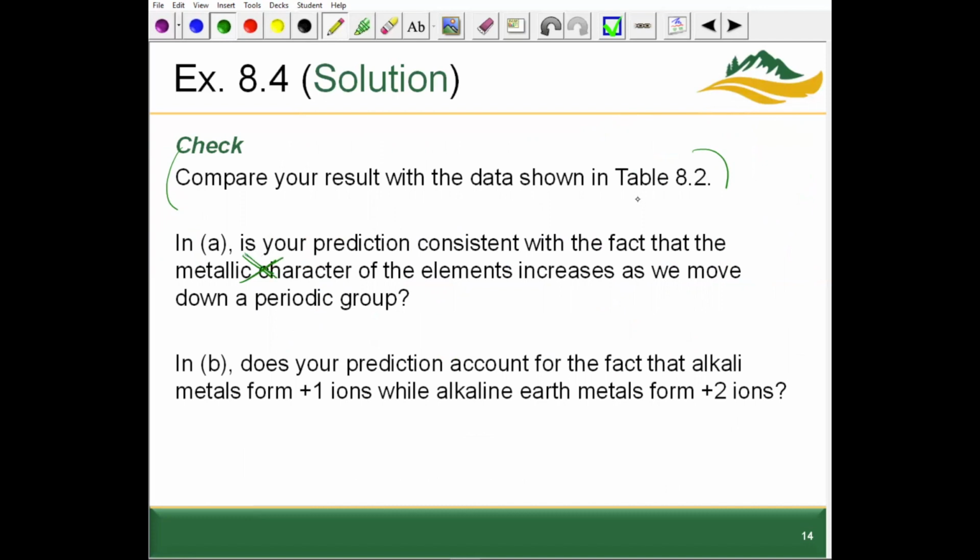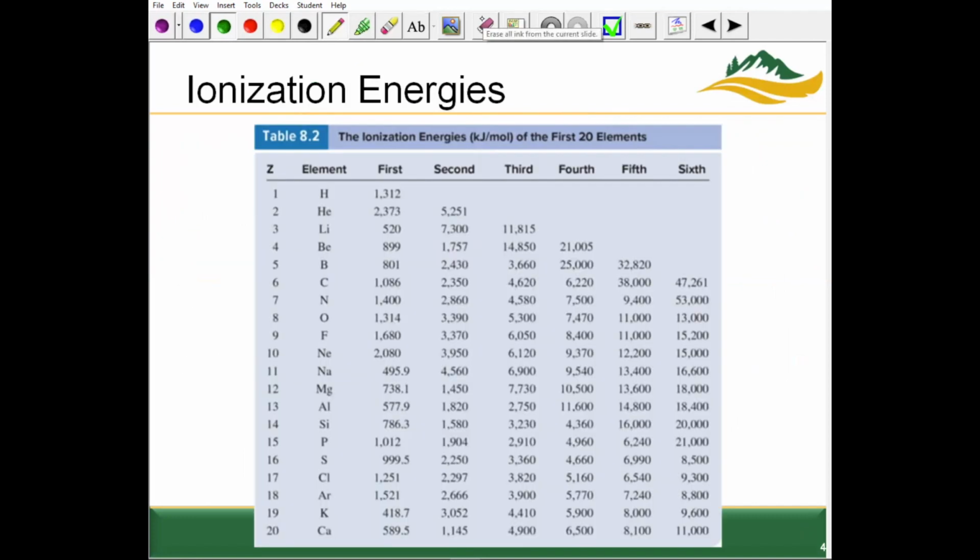We could check our work by looking at table 8.2. In table 8.2, the second ionization energy of beryllium is about 1,757. That is definitely much smaller than lithium's second ionization energy of over 7,000.